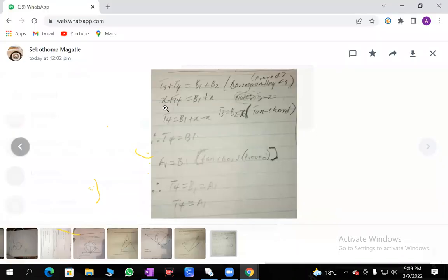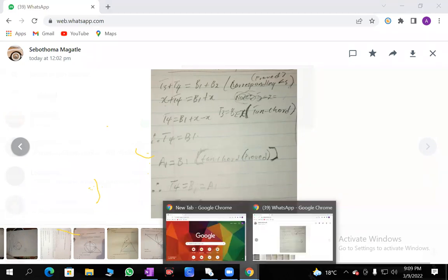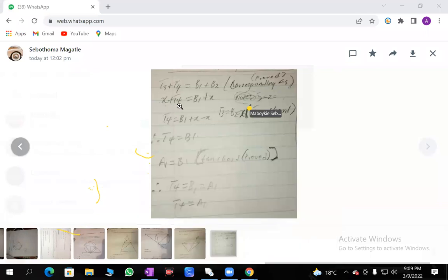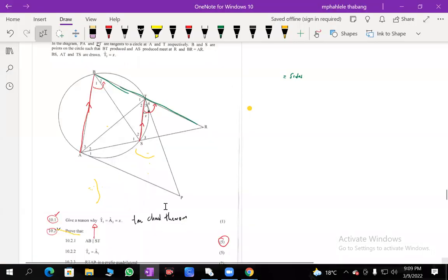Now you are saying X plus T4 equals B1 plus X. T3 is X. X plus T4 equals B1 plus X. I get T3 plus T4 equals B1 plus B2, the corresponding angles.